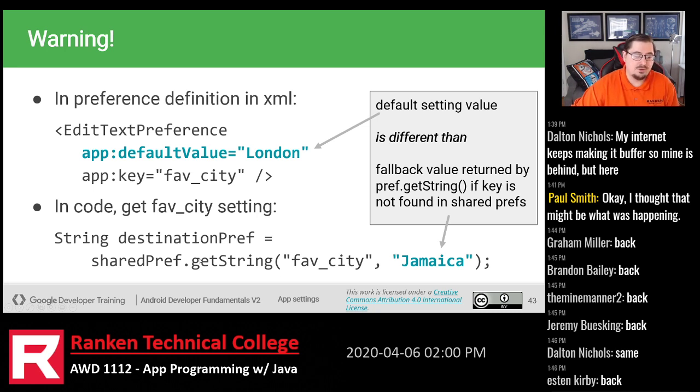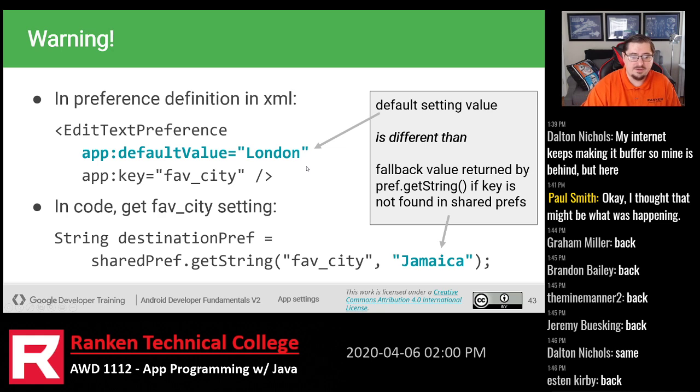Whereas now I go look at MainActivity, where I'm trying to read this setting, or some other activity, and I say sharedPref.getString fav_city Jamaica. So I've got a fallback value here and a default value here. If there is no shared preferences file, this is the value it's going to use. Or if that shared preferences file does not contain a fav_city setting, it's going to use Jamaica.